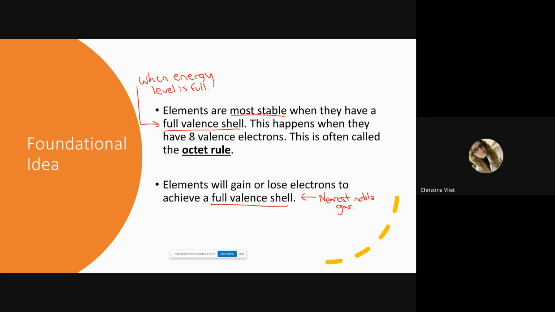And so you're going to want to write this down, because this is where the idea of how ions form comes from. Because if you'll recall back in Unit 1, we said that ions are atoms that have gained or lost electrons. And today we're going to be going over the factors that contribute to exactly how many electrons are gained or lost by different elements.